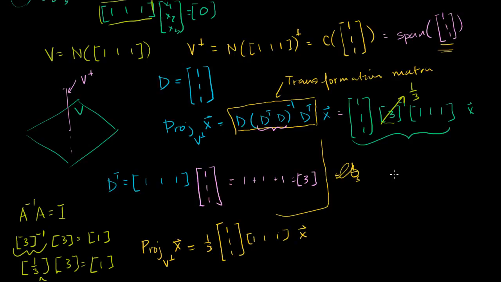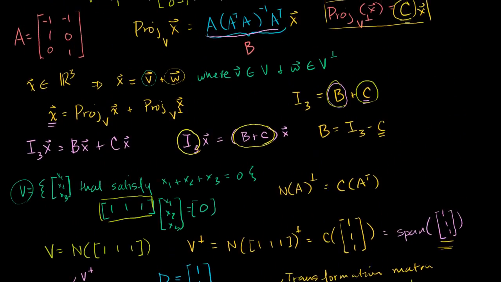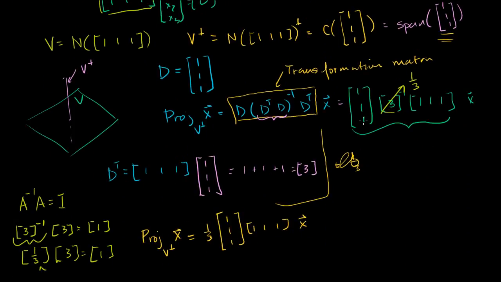And then all of that times x. And you can see this is a lot simpler than when we did all of this business with this matrix, that's a harder matrix to deal with. This 1, 1, 1 matrix is very easy.